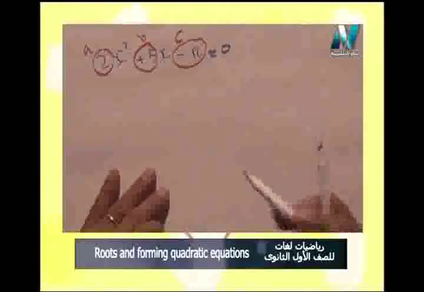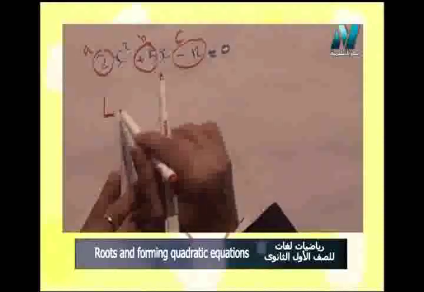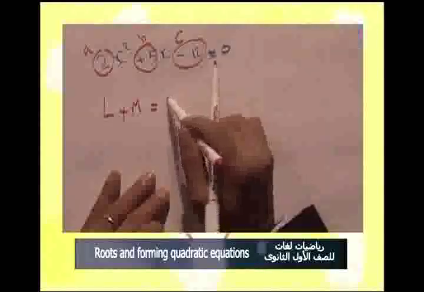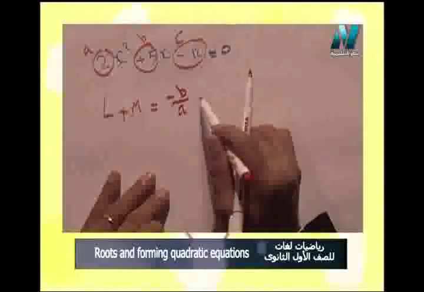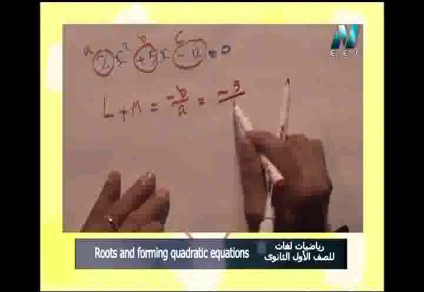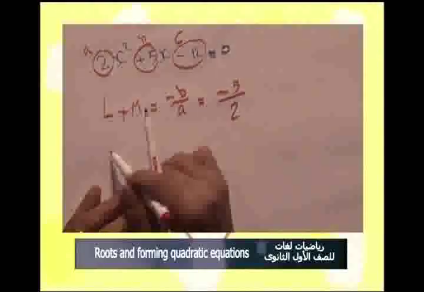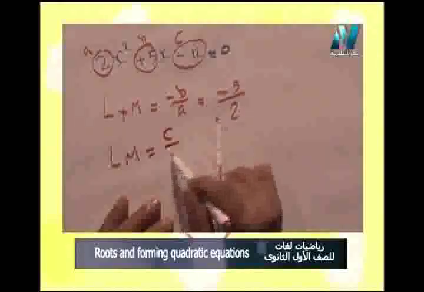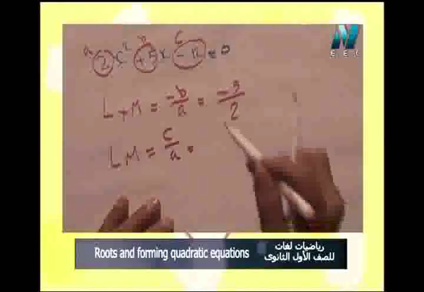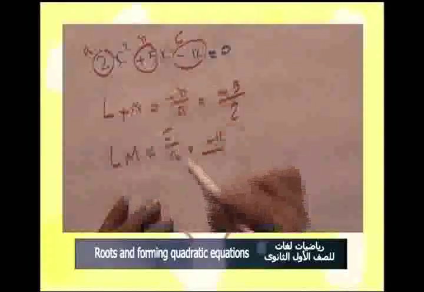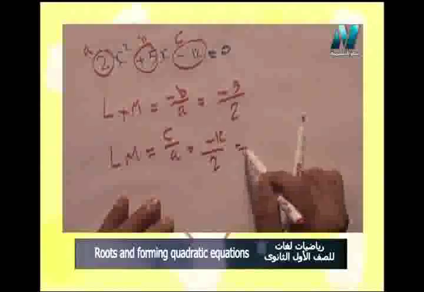So the sum of the two roots, L plus M, equals negative B over A, which is negative 5 over 2. And the product, LM, equals C over A, which is negative 12 over 2, so it's negative 6.